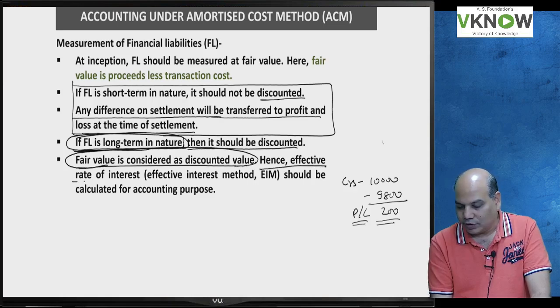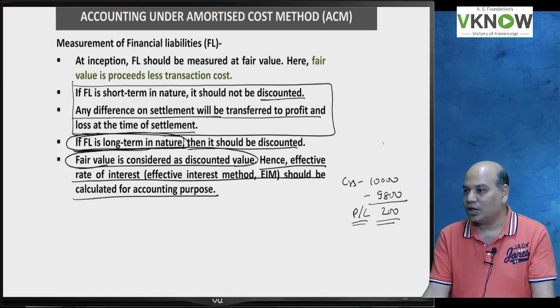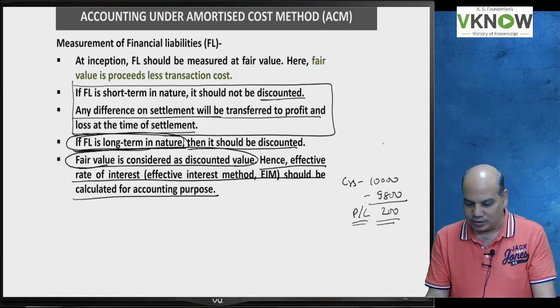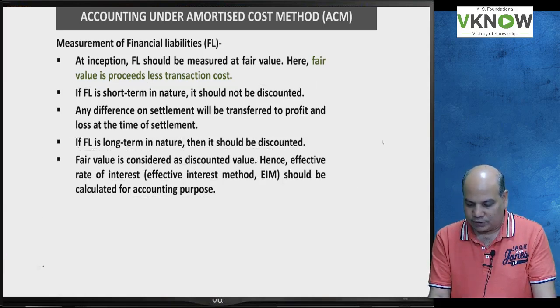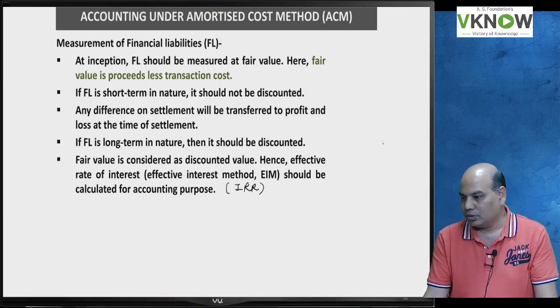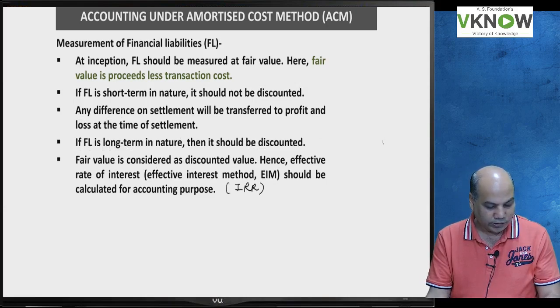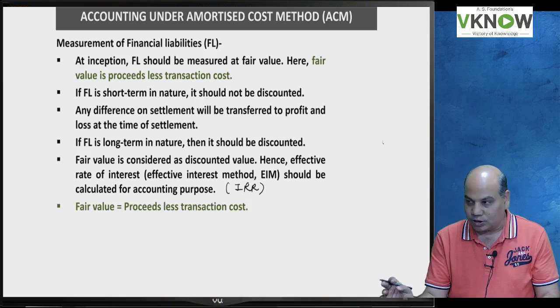Hence, effective rate of interest method should be calculated for accounting purpose. Sir, how do I compute effective interest rate? Effective interest rate means IRR. Then you will ask me how IRR is calculated. I will tell you in the problem.